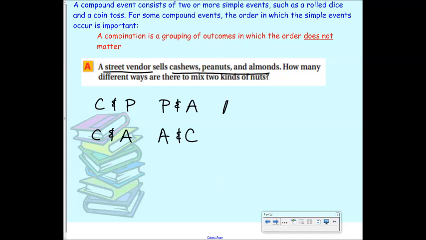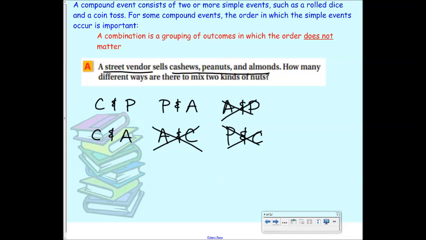Almonds and peanuts. And peanuts and cashews. Okay, I want to ask Urath for a second. You were saying almonds and cashews, and then you hesitated. Why? Because it's the same thing. It's the same exact thing as this one. So do we count it? No. Do we count this one? No. Do we count this one? No. So here, the order doesn't matter. Because if the order mattered, it would increase.